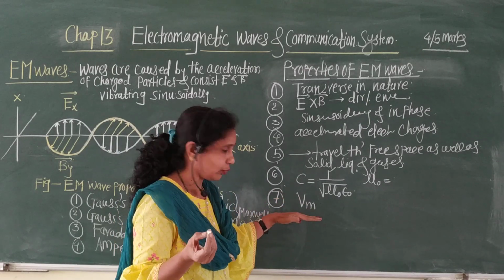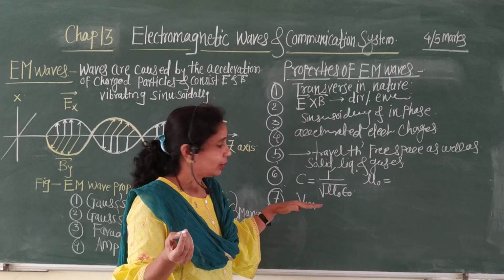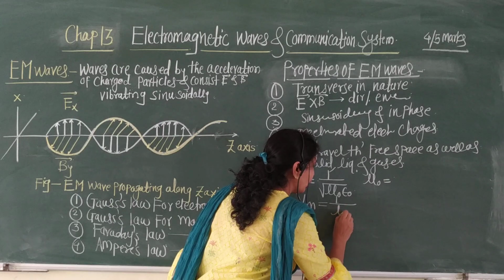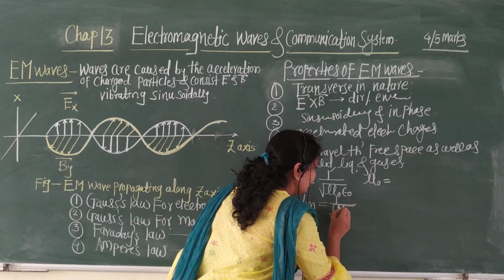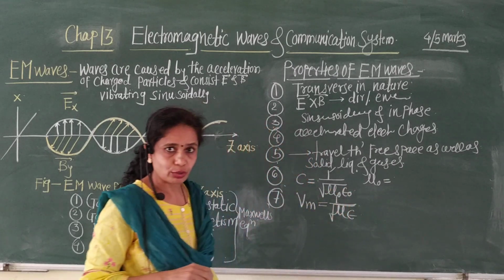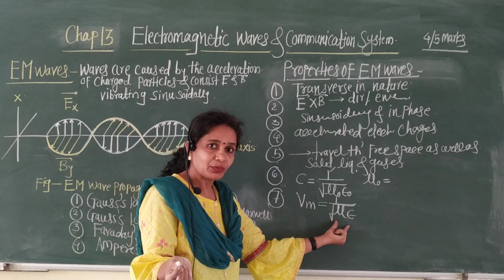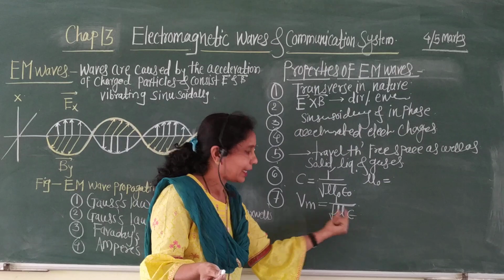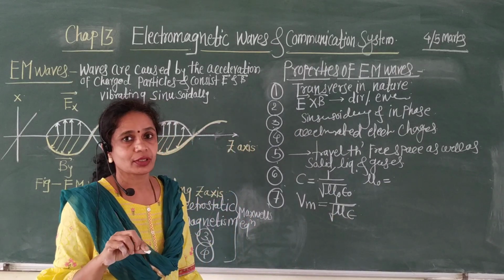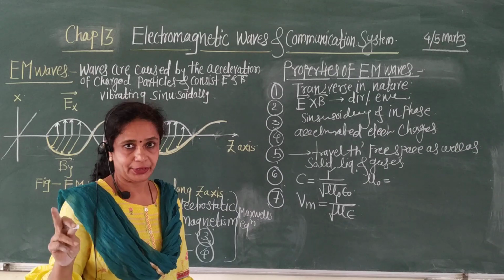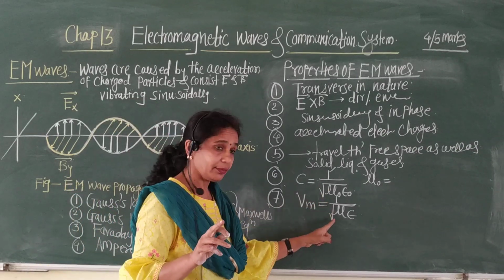Therefore, in any material medium, Vm is equal to 1 upon under root of mu into epsilon, where mu is the permeability of a material medium and epsilon is the permittivity of a material medium. This is the difference.